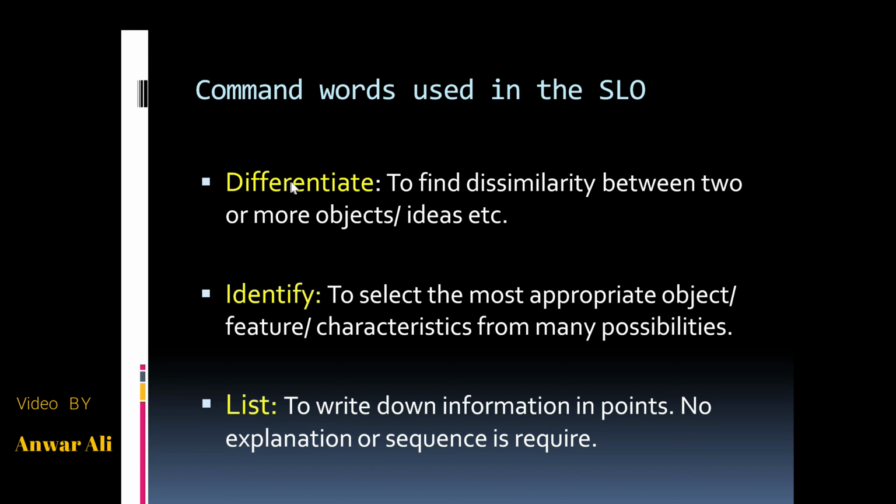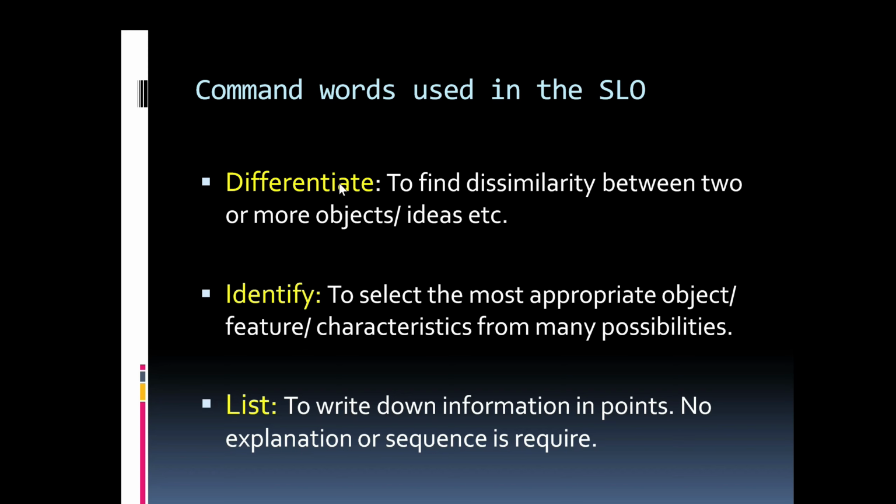So the first command word is differentiate. This is very important. If the question says differentiate between base and derived quantity, what do you have to do? Differentiate means to find dissimilarity between two or more objects or ideas.